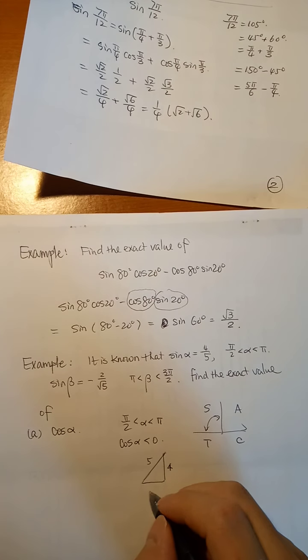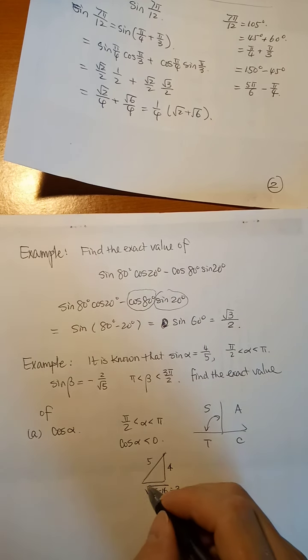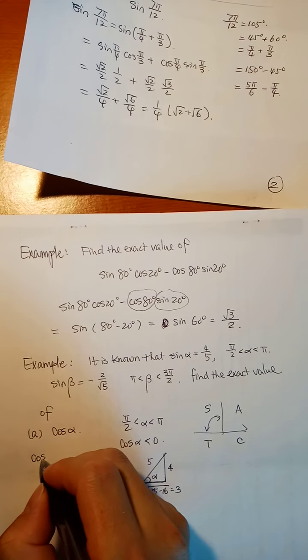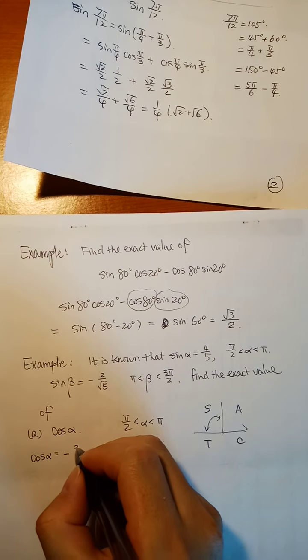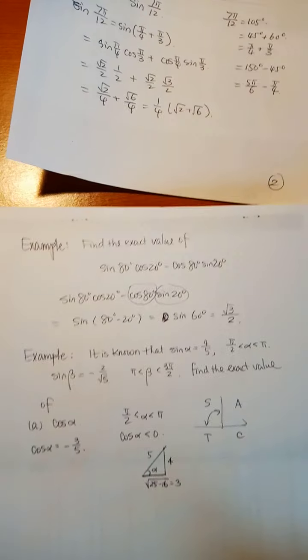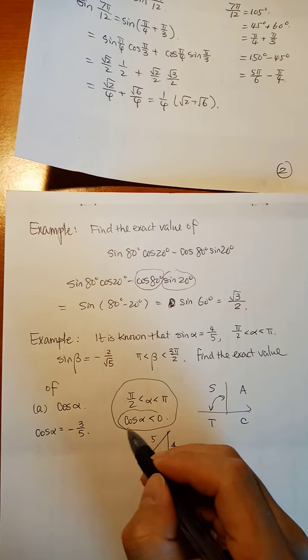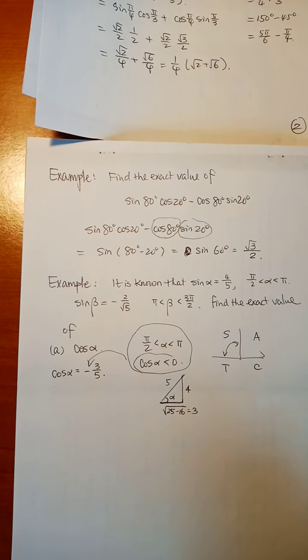Then by the Pythagorean theorem, it is root of 25 minus 16, which is root 9, equal to 3. So this side is 3. So cosine alpha is going to be negative adjacent over hypotenuse, negative 3/5. So this argument gave us the negative sign. We know cosine alpha must be negative.